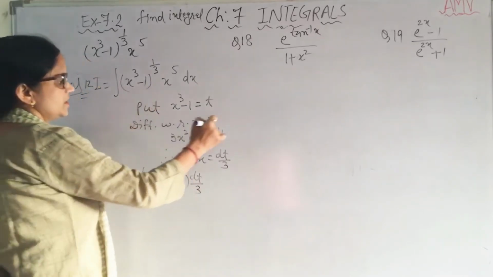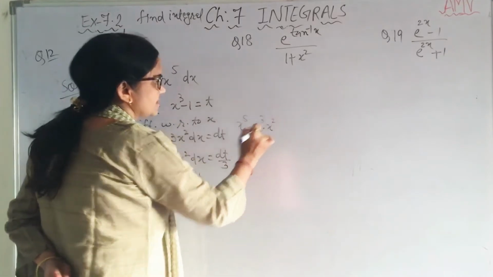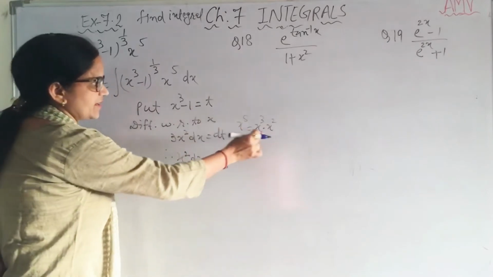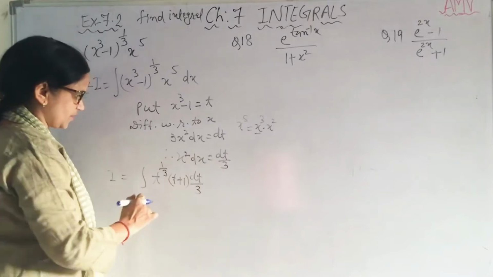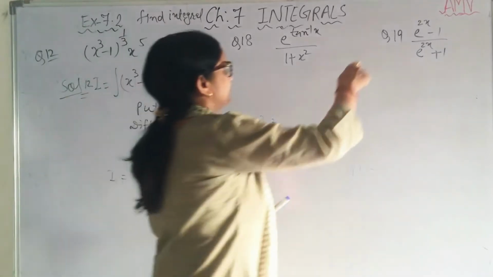Understood? Break x5 as x cube into x square. Then x cube is t plus 1 and x square dx is dt by 3. Now apply the method of integration.